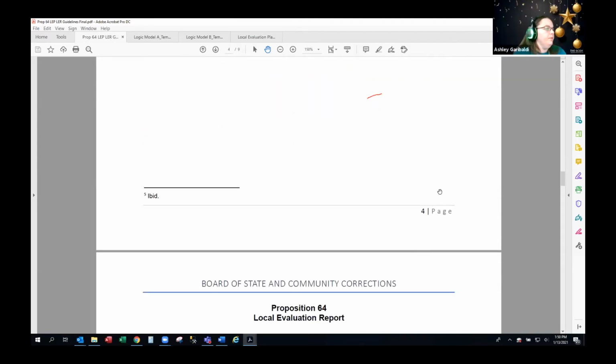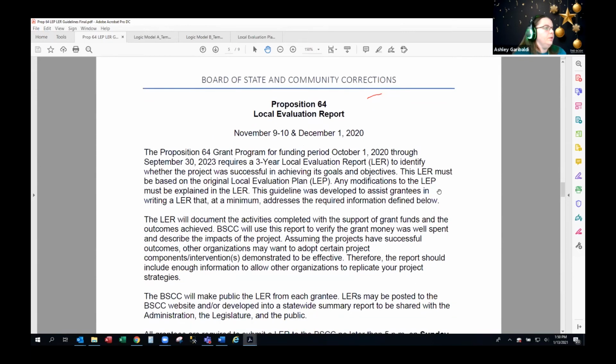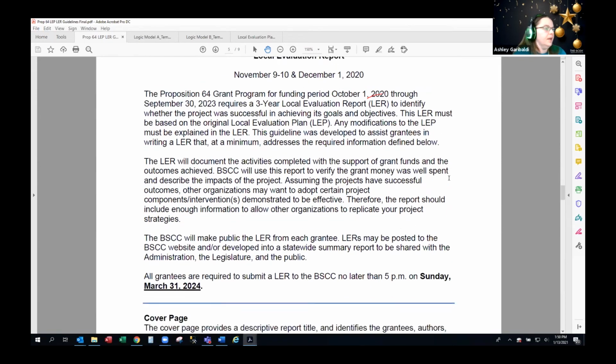Okay, so I'll briefly cover the local evaluation report, only just to emphasize that, yes, it's due 3 years from now, but the stronger and more detailed you make your plan, the easier your lives are going to be in 3 years when you write your report. The foundation you're establishing right now of what we plan to do and how we're going to do it will make all things work out so much better.